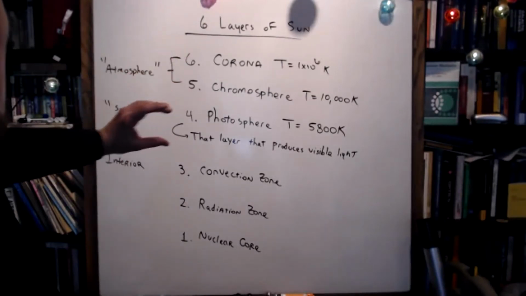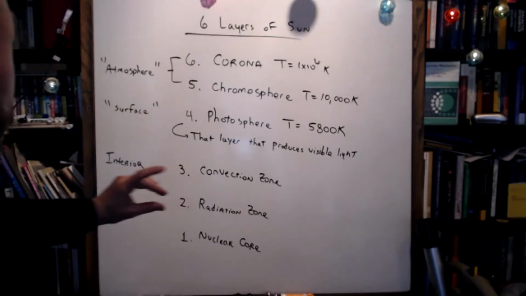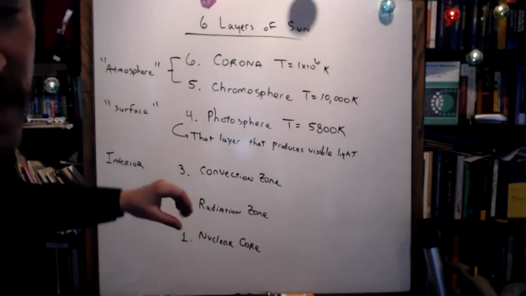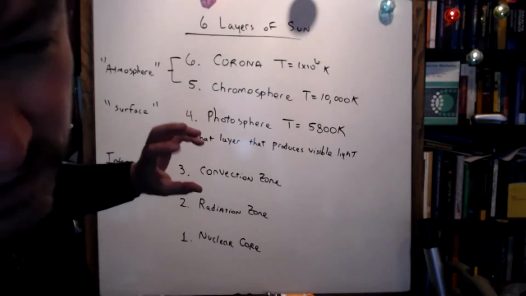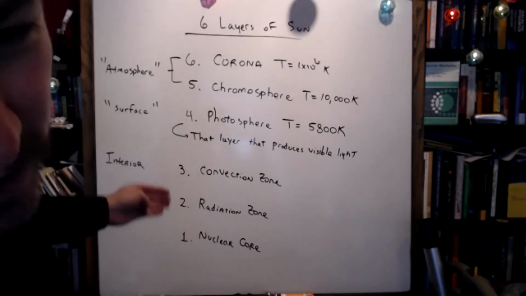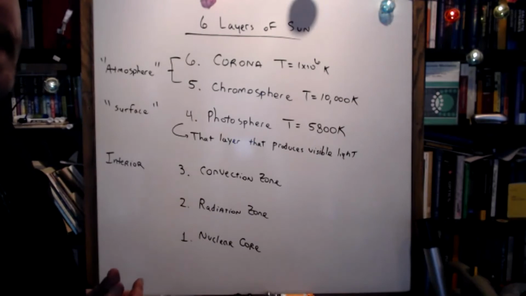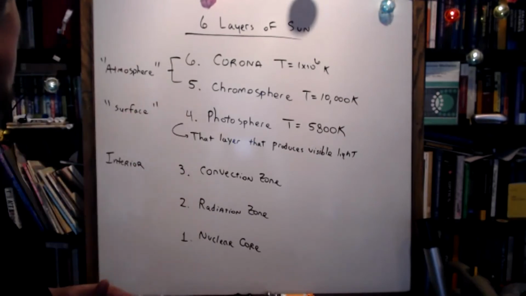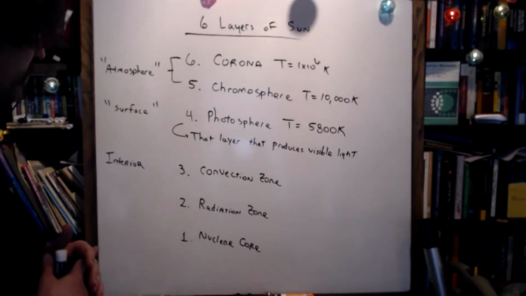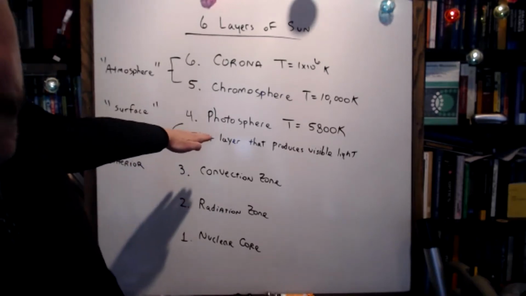Normally, when I introduce the layers of the sun, I spend a great deal of time talking about each layer. Each layer has its own physics associated with it. Each layer behaves differently. Energy is transported in different ways. And you can actually see these different layers depending on what wavelength of the sun that you look at. The photosphere produces visible light.